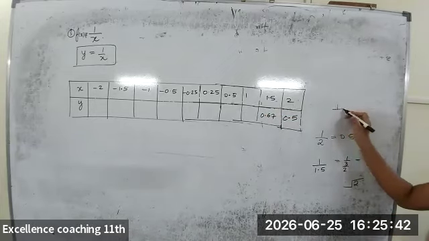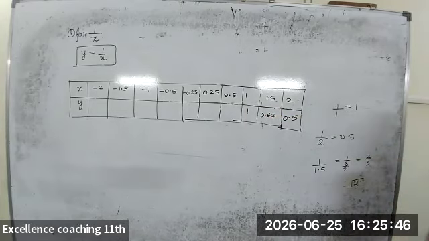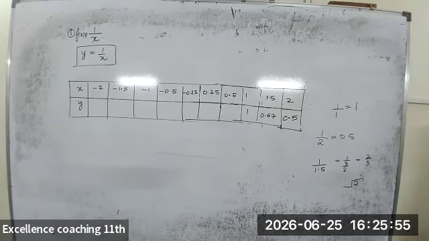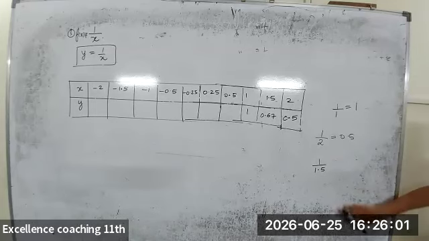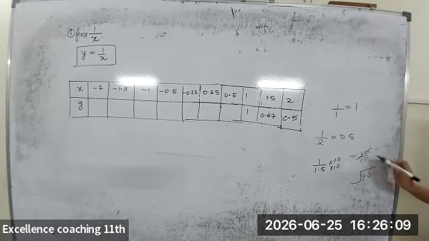1 upon 1. Or those who find this difficult, if you are not able to imagine, you can multiply by 10 in both places. So you can do 10 by 15 also, and then you can cancel: 5 2s are 10, 5 3s are 15.